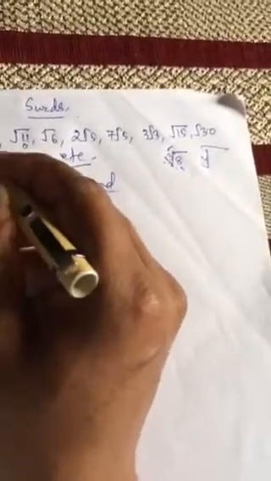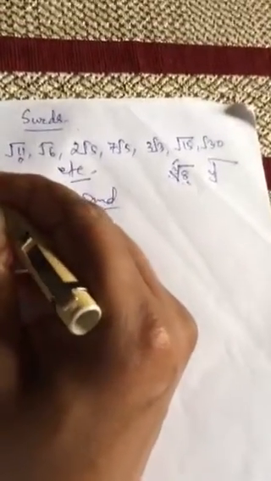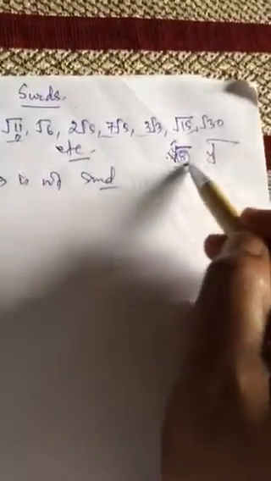If there is 4, we say fourth root. If under the square root there is a non-perfect square number, or under the cube root there is a non-perfect cubic number, then such forms of numbers are known as surds.